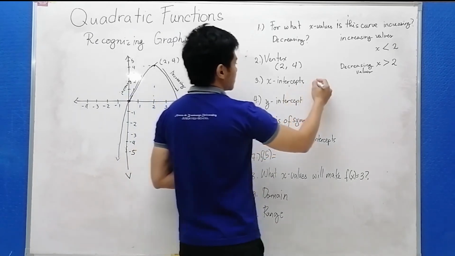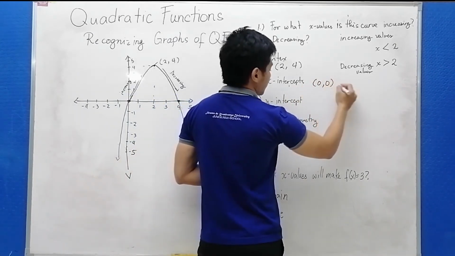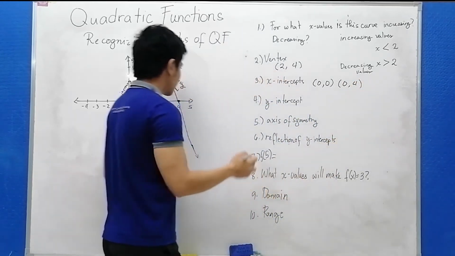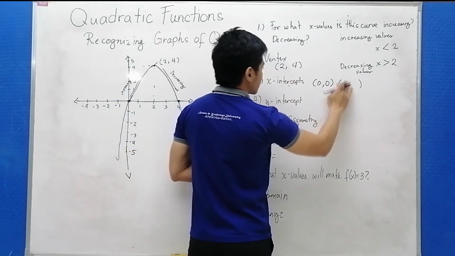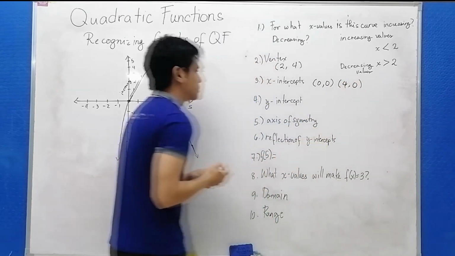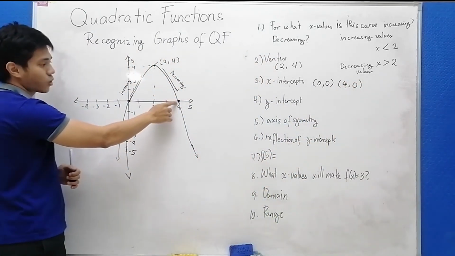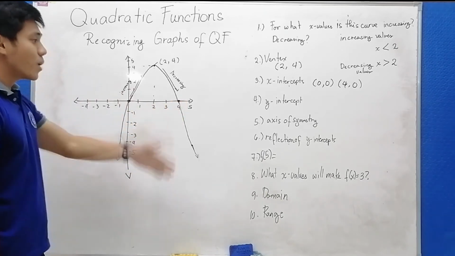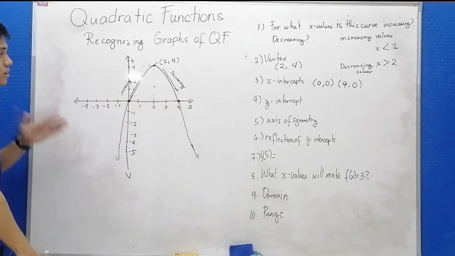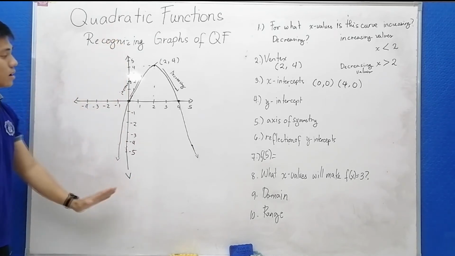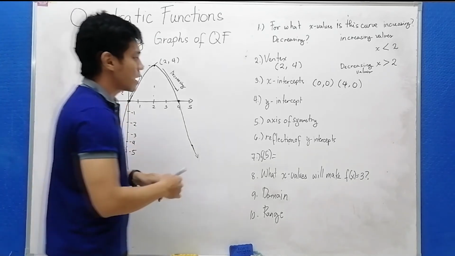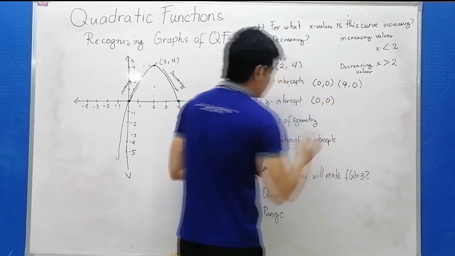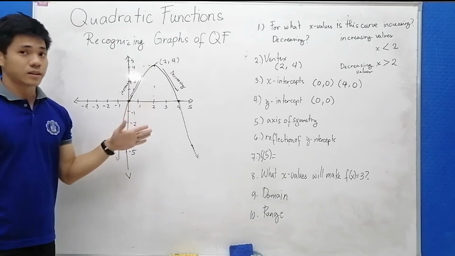So our x-intercepts are (0, 0) and (4, 0), because at the coordinate of 4, it touches the x line. For y-intercepts, there are no other points where the graph touches the y line, except the origin. So we have the same y-intercept, which is (0, 0), looking at the graph.